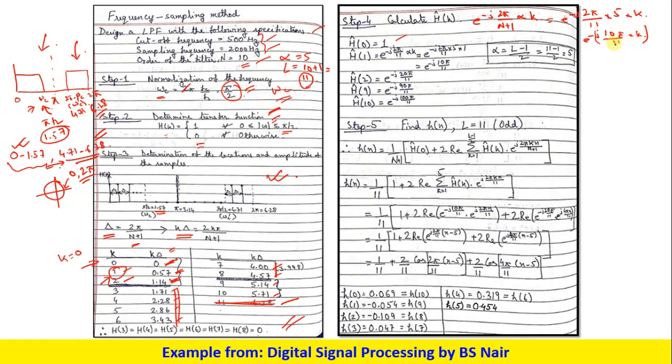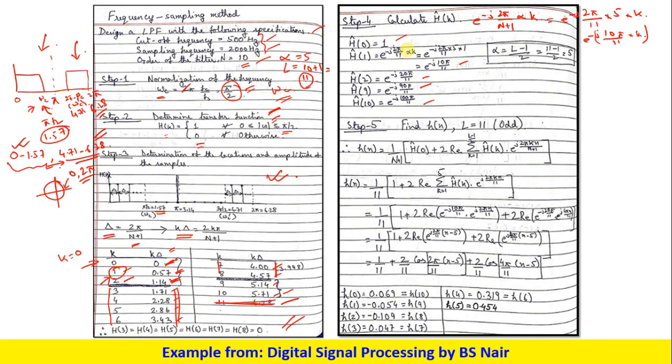Then 3, 4, 5, 6, 7, 8, they are not there. Then we have h cap 9, it is 90 pi by 11. And lastly, for the 10 one, we will be having e to the power minus j 100 pi by 11. So these values are the same thing.